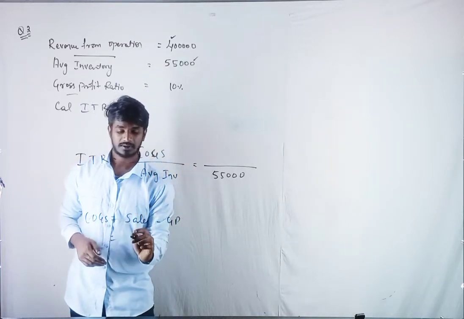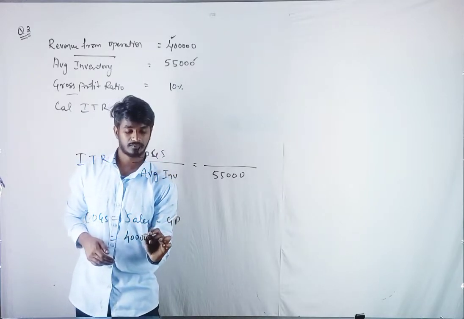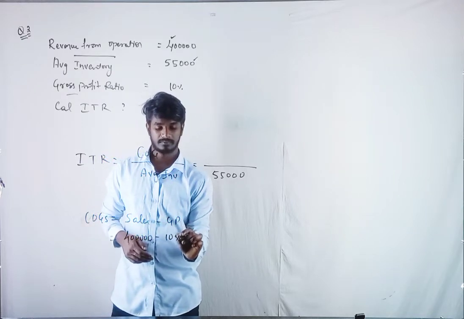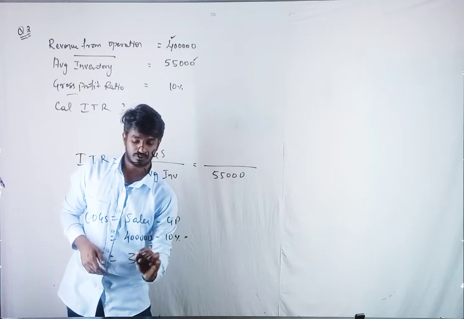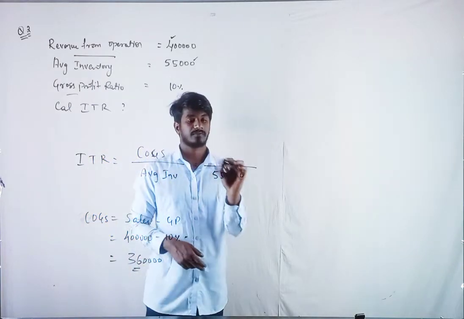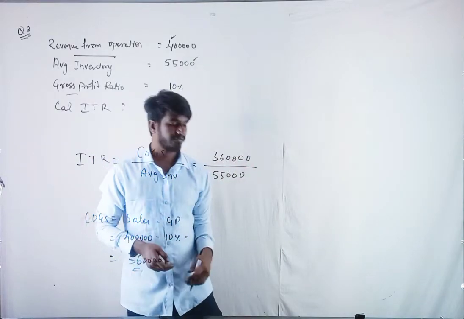Sales, how much have they given? 4 lakh minus 10%. Minus 10% means the remaining cost of goods sold is 3 lakh 60,000.